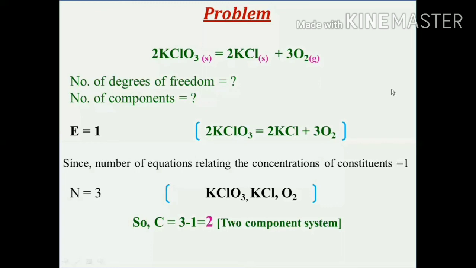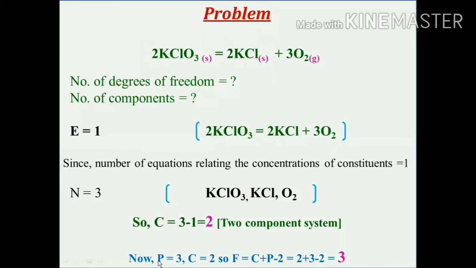So from here we can say that the number of phases existing in this system is 3. How is it 3? One for gaseous oxygen, one for the solid KCl, and the third one for solid KClO3. Why? Because a mixture of any two solids can result in two different phases, just like the example we picked up for rice and gram.